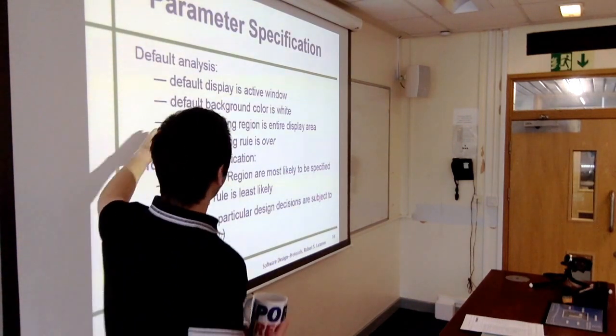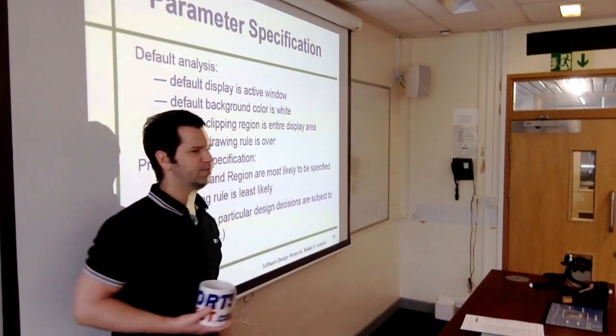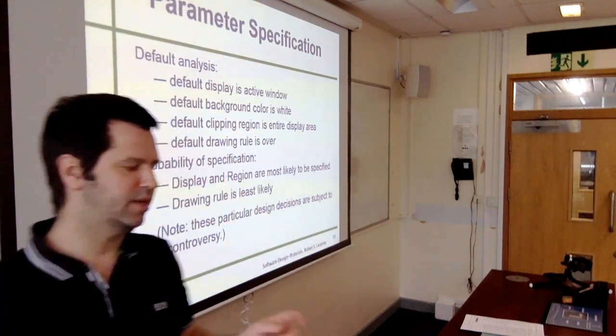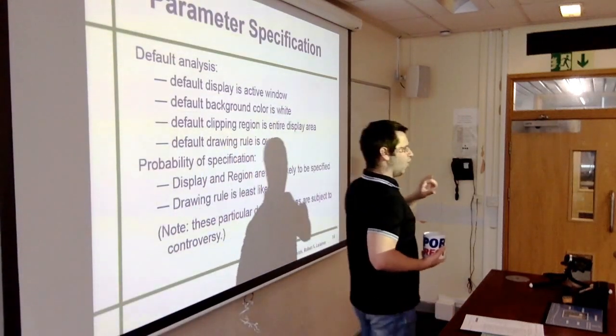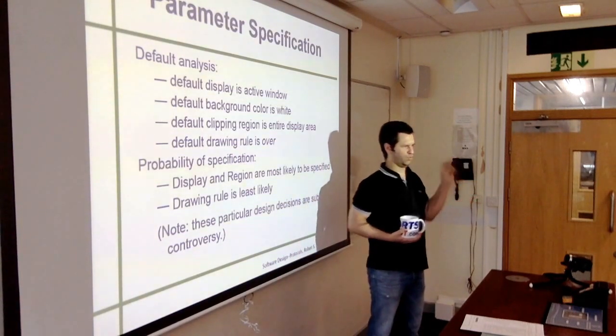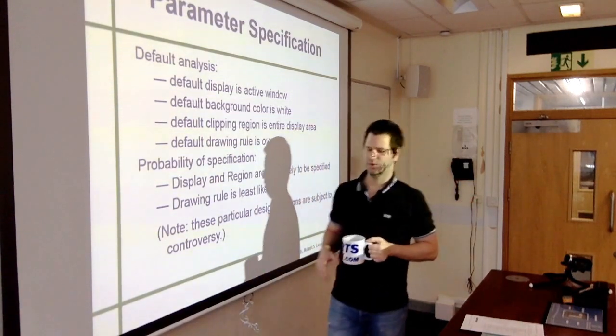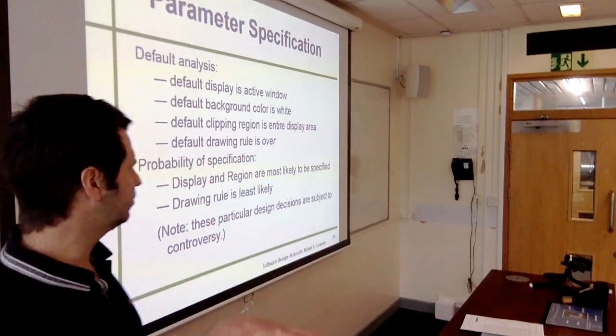The default clipping region is the entire display area, and the default drawing rule is over. That means whenever you draw something, it draws over everything that was drawn before it. That's the rule we're talking about. So it's like the most recent is on top, so to speak.